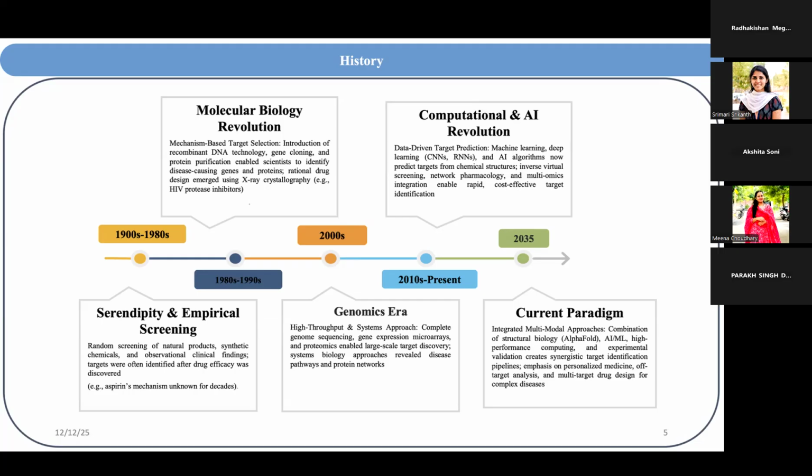Then it shifted again to the computational era, combined with the introduction of artificial intelligence. All the computational tools and machine learning approaches were used, and currently integrated multimodal approaches have been implemented, like AlphaFold and AI/ML prediction, and then it moves to personalized medicine, off-target analysis, and multi-target drug design approaches.